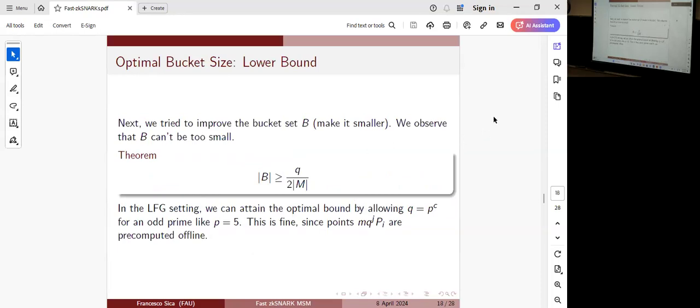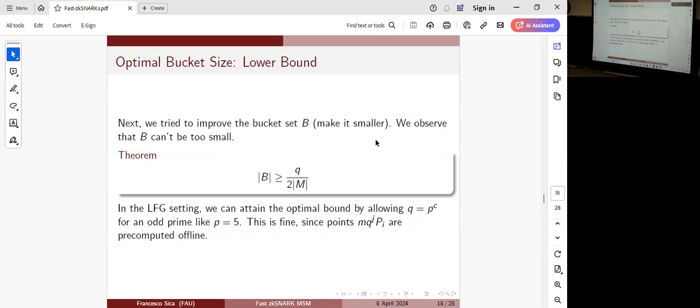Then we try to push the method a bit more. First of all, how can we improve the bucket size B further? Do we have any ideas how to make the bucket smaller? Well, there's a relatively easy cardinality argument that shows that B cannot be too small, simply because you cannot express all the elements in a certain range as a product of two elements in a very small range.